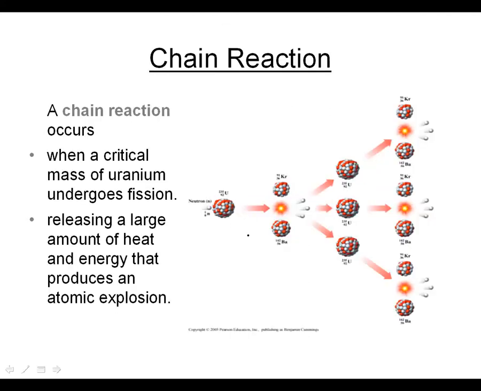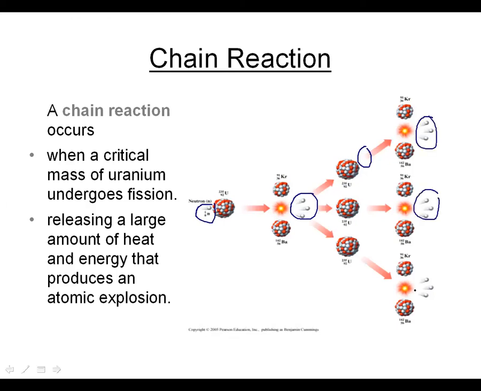I kind of jumped the gun, but here's a much prettier picture than what I drew of the chain reaction. These fission reactions can continue on exponentially if you have the right amount of mass, which is that critical mass. What starts this reaction, as you can see here, is a neutron. And neutrons are made in every step of the reaction.